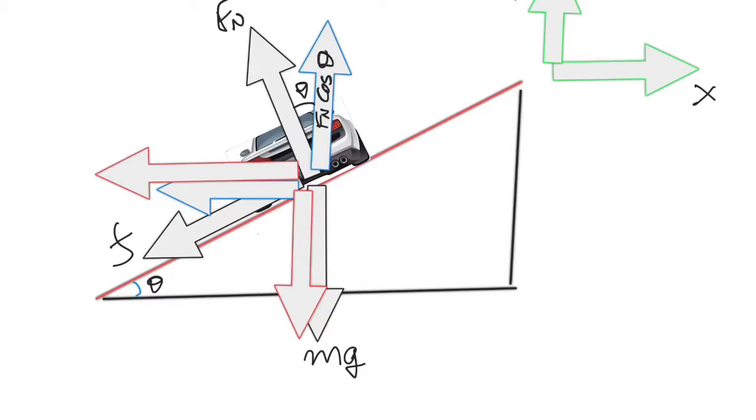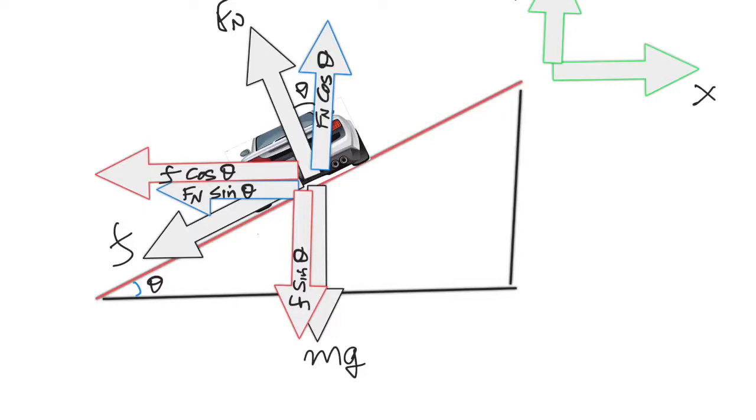From the geometry of the diagram, this is going to be Fn cosine theta, and this would be Fn sine theta. Again, resolving friction into 2 components, you get F sine theta as the vertical component and F cosine theta as the horizontal component.